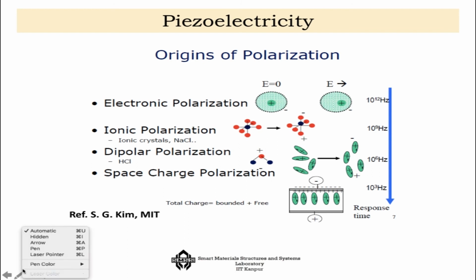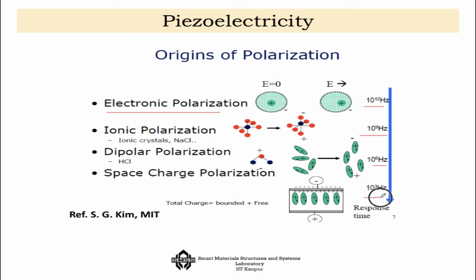Now, as I told you about piezoelectricity, the electronic polarization is very fast in terms of frequency, 10 to the power 12 Hz, ionic is about 10 to the power 9 Hz, dipolar is 10 to the power 6, and space charge is even slower, 10 cube Hz or 1000 Hz, in the kilohertz level.